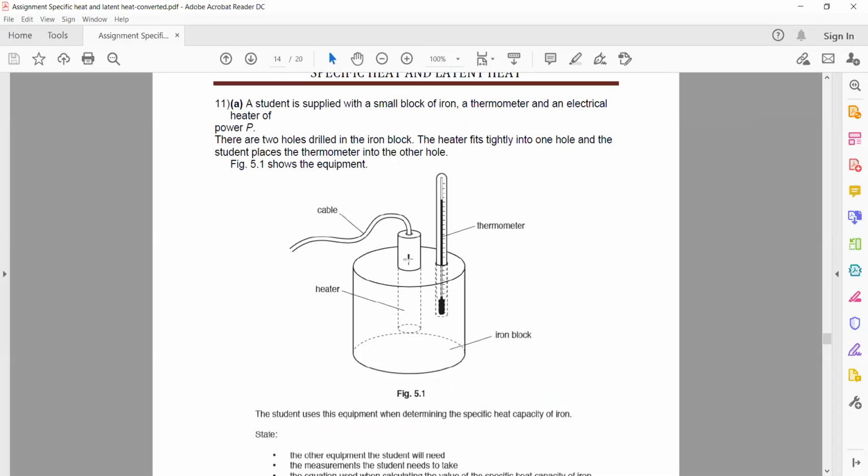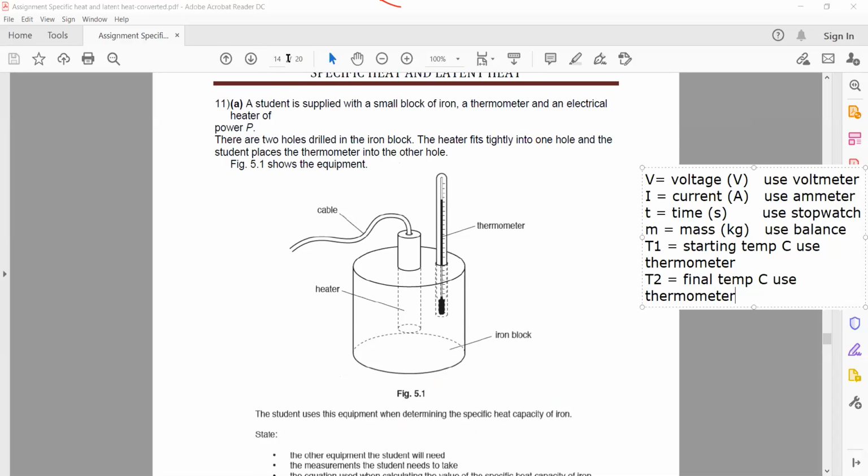So for example, in this question, a student is supplied with a small block of iron, a thermometer, and an electrical heater of power P. So this time power is given. If power is given, we don't have to measure the voltage or current because power is given directly.